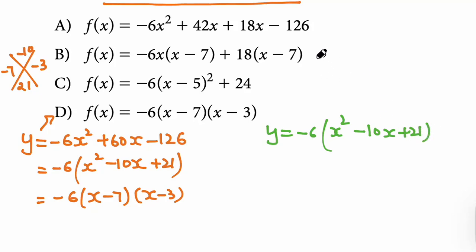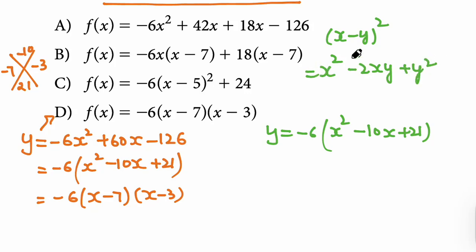Let's do completing the square first, and then we justify why we have to use this method. So if you do completing the squares, let's say this is my equation. x squared minus 2xy plus y squared, this is the identity, right?